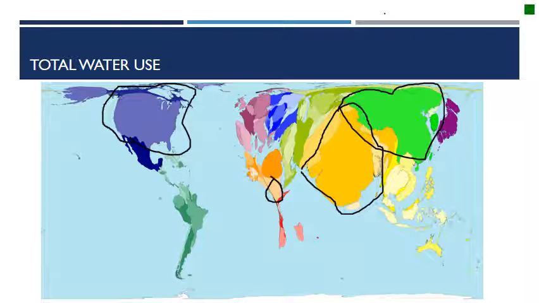Now let's take a look at this map that indicates total water use in the world. As you can see, the bigger the proportion of the country, the more water that is used in that area. Now, what countries do you see to use the most water? The United States is one.